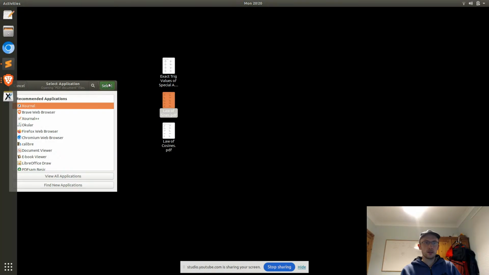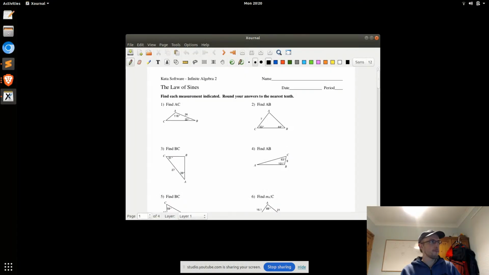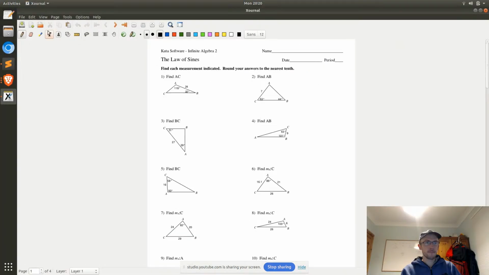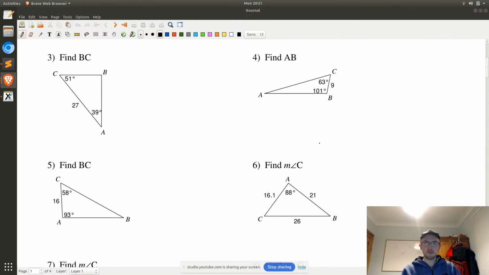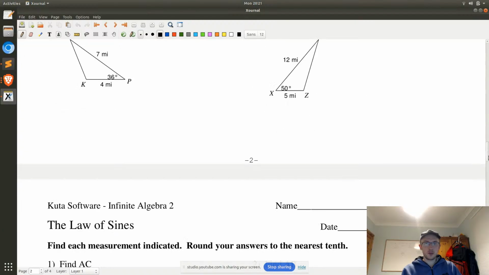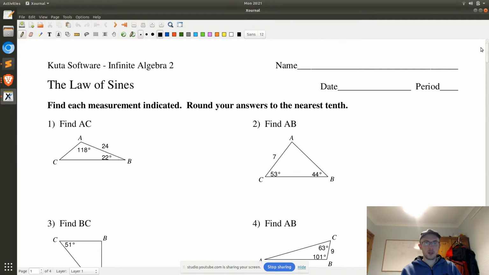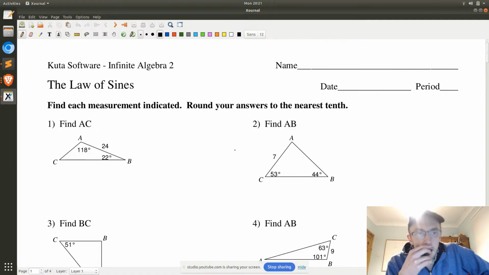Next, the law of sines. Okay, so there's 28 questions, but let's see.